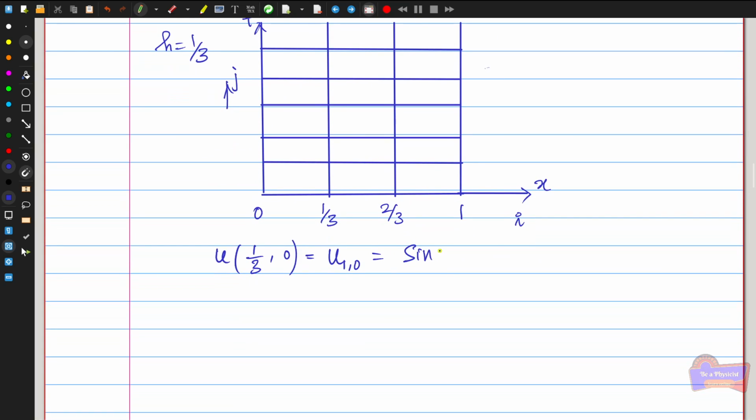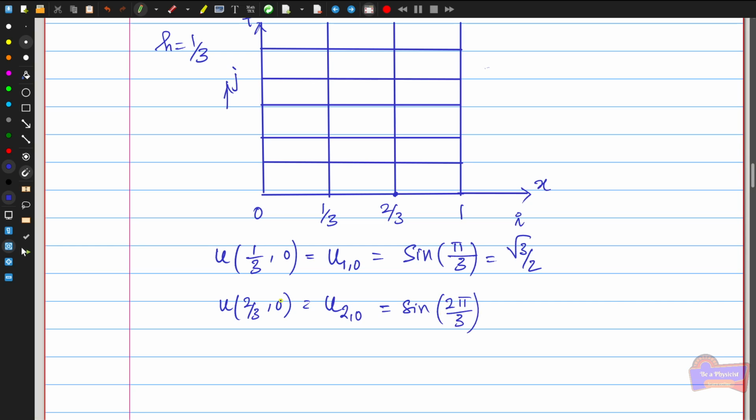Sine of pi into x, which is 1 by 3, gives sine of pi by 3, and the value of sine of pi by 3 is root 3 by 2. Similarly, you can find the initial condition at x equal to 2 by 3. So u of 2 by 3 comma 0, the numerical solution at 2 comma 0, can be written as sine of 2 pi by 3, because 2 by 3 is the h value.